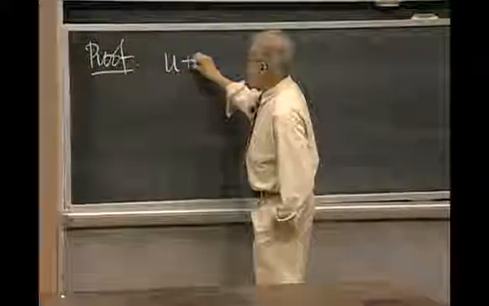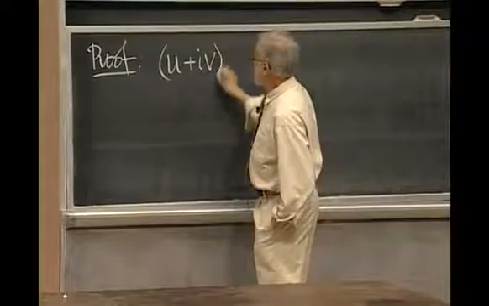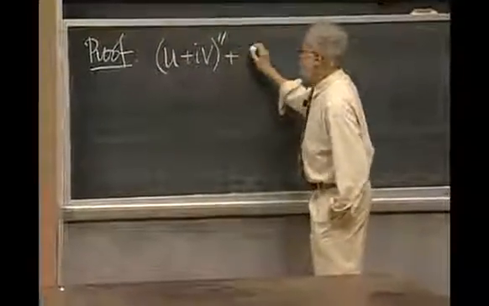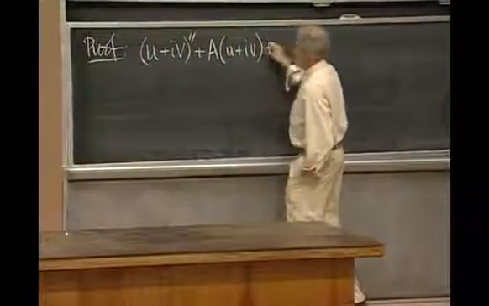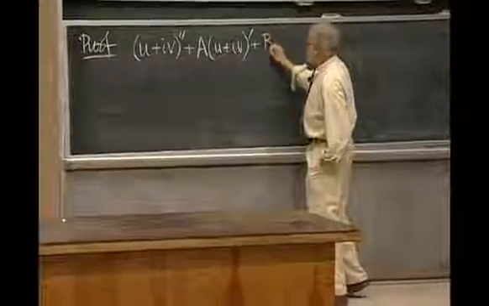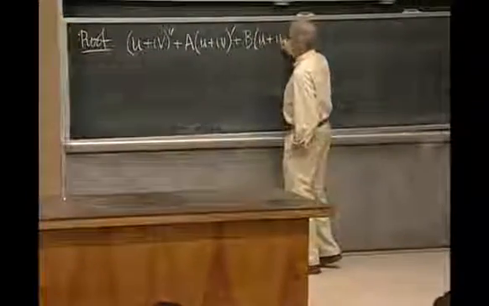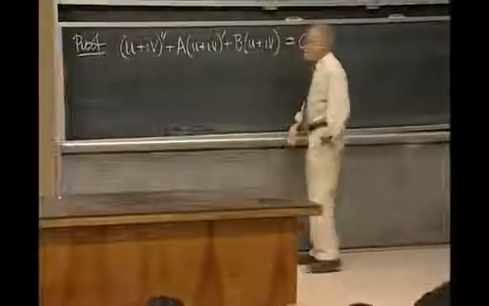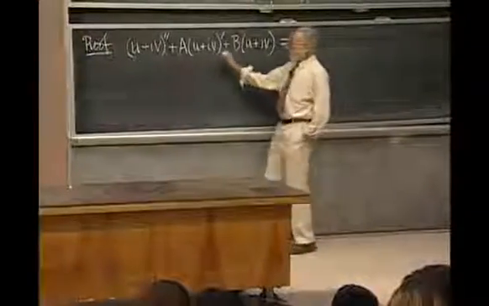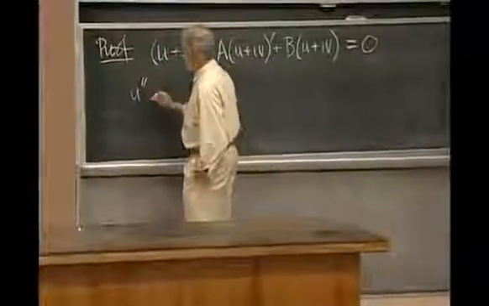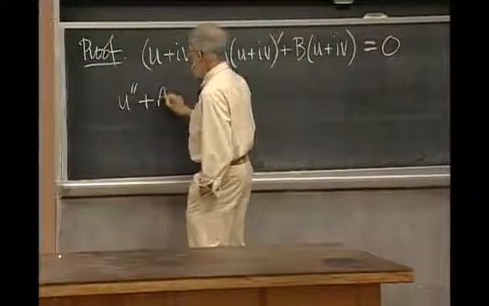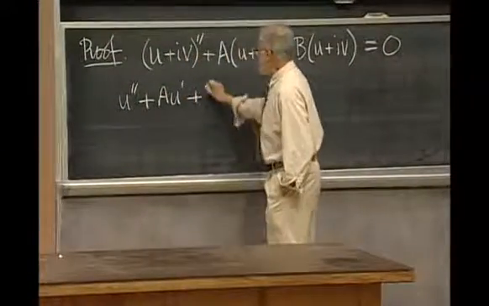So the proof is: what does it mean to be a solution? It means when you plug in u plus iv into y double prime plus a times y prime plus b times y, what am I supposed to get? 0. Well, now, separate these into the real and imaginary parts. It says u double prime plus a u prime plus b u.